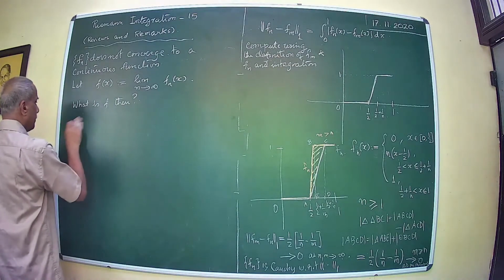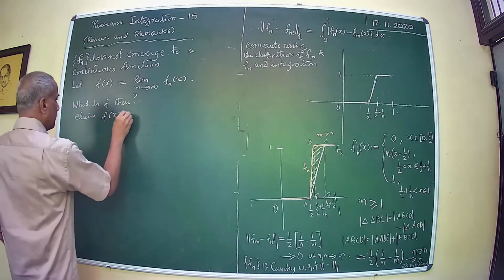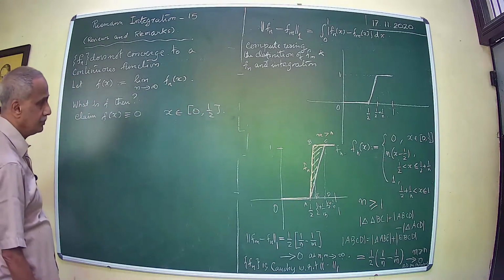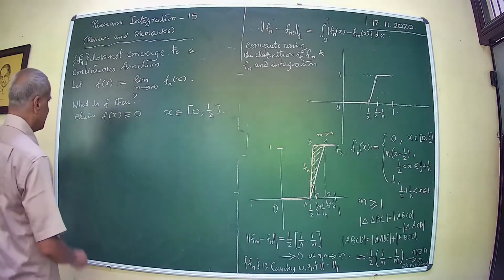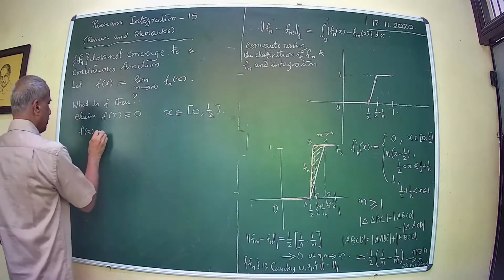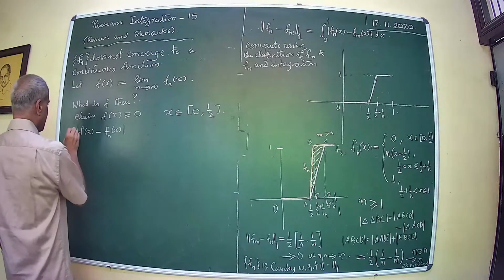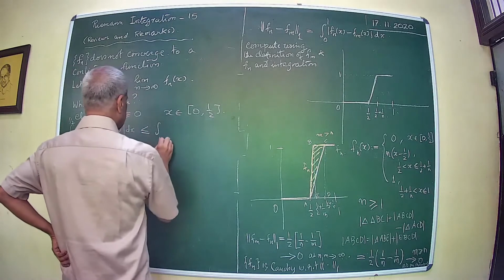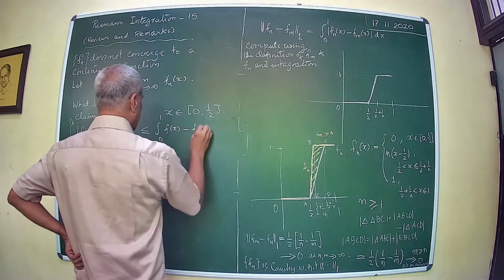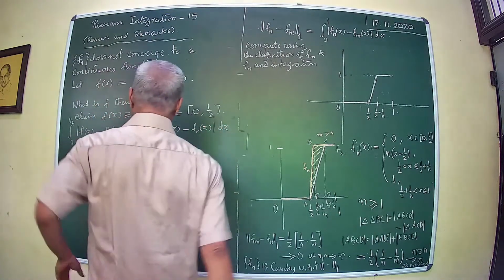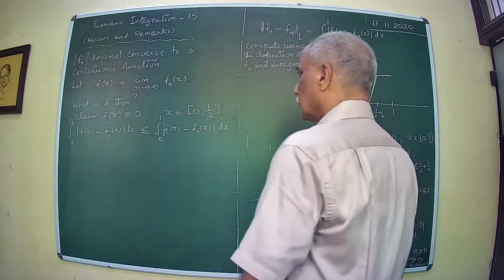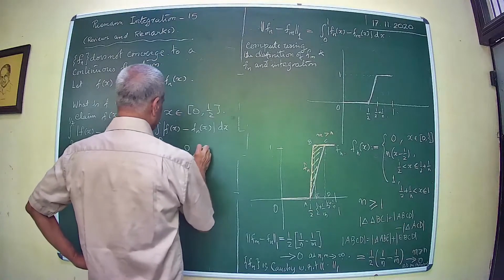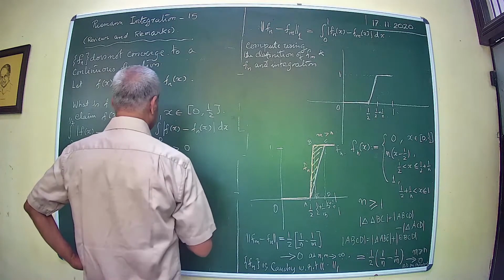So claim: f of x minus Fn of x, this you see is less than or equal to the integral 0 to 1, and you know that this goes to 0. Yes, that's the convergence as n tends to infinity.